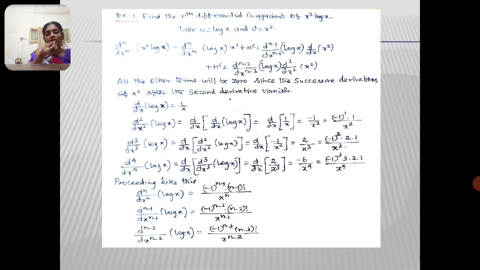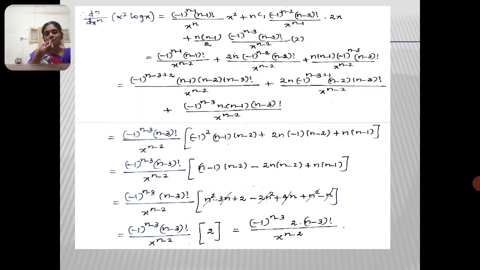And then d cube of log x is minus 1, 2 by x cube is the answer. This can be written as minus 1 power 2 factorial by x cube. So proceeding like this, we write the nth derivative of log x as minus 1 power n minus 1 factorial by x power n. Similarly, n minus 1th derivative, n minus 2 derivative can also be written.